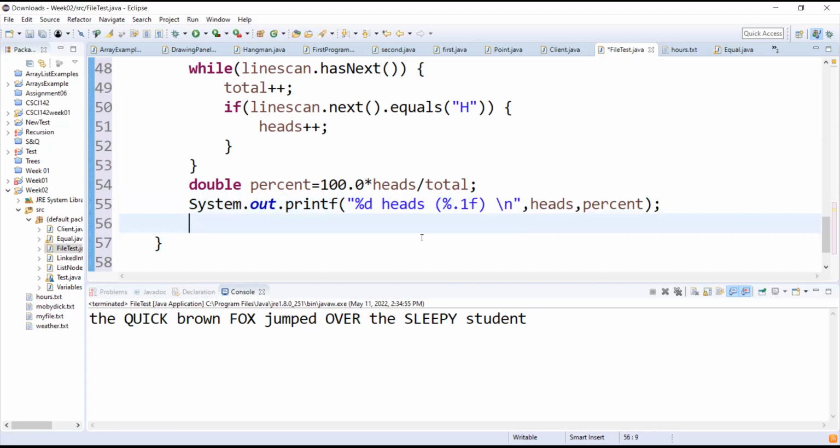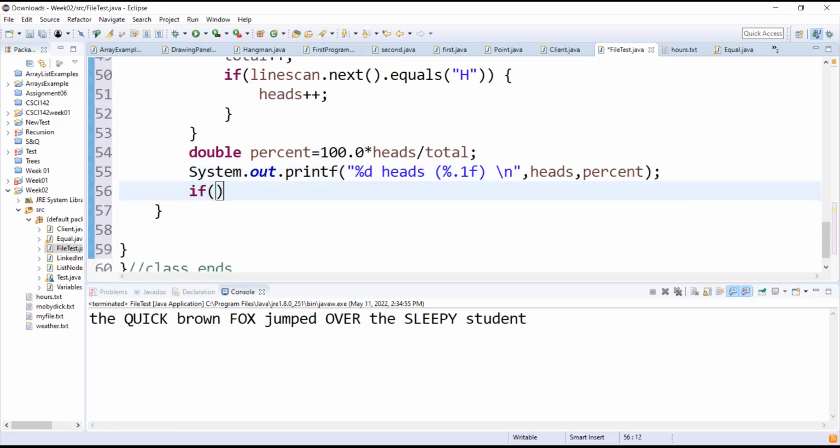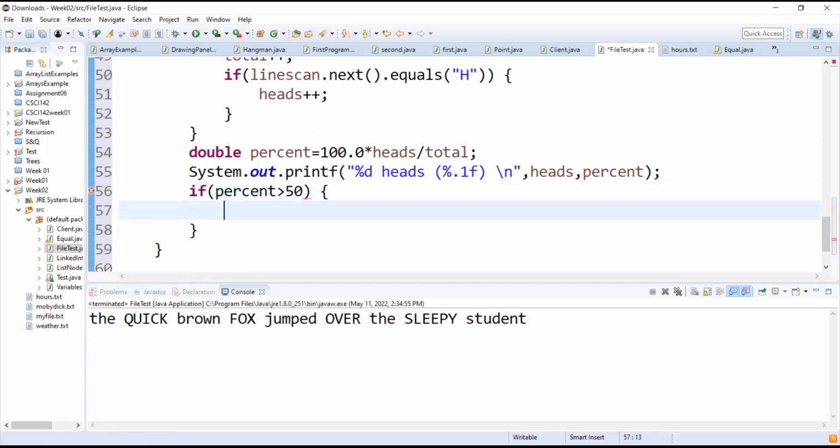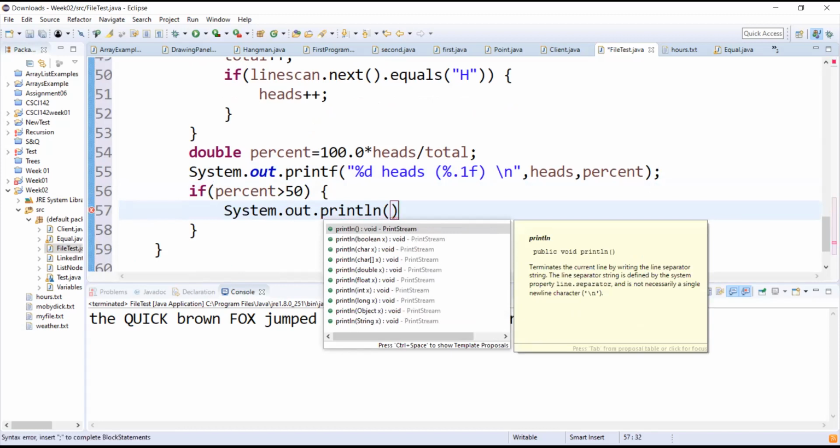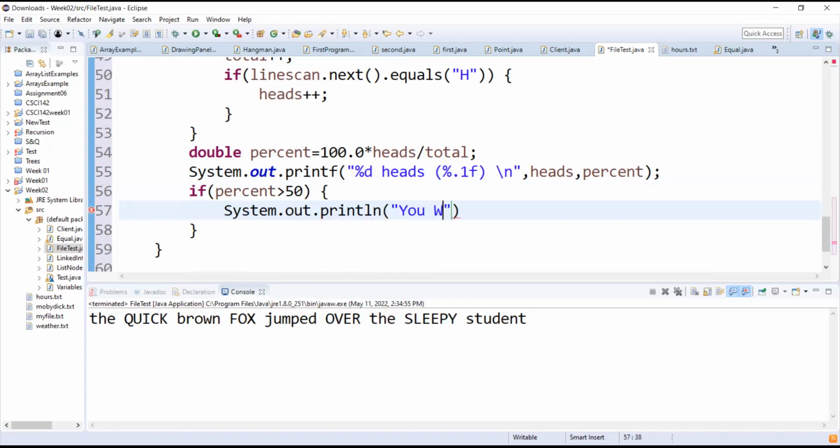Yes, okay. And now we have to print another message. If the percent, which we don't know yet, is greater than 50, it means we have to print with system.out.println that you win, right? If the percent is greater than 50%.